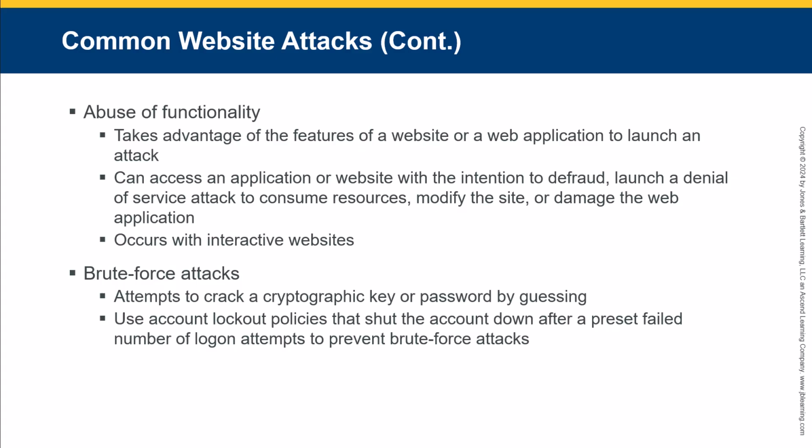Oftentimes, you can use something that was implemented from a forum or a blog or a login page. It was implemented so that users could use it, but if it's not done correctly, it could then be used as a way to attack itself. A search bar, a search function. If you don't actually filter the input, maybe it could be used to do an SQL injection.